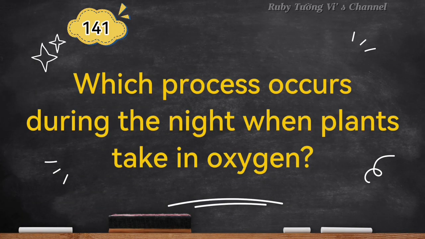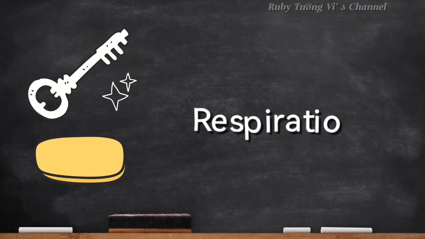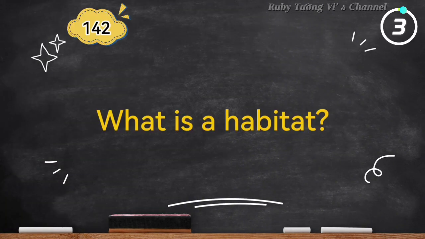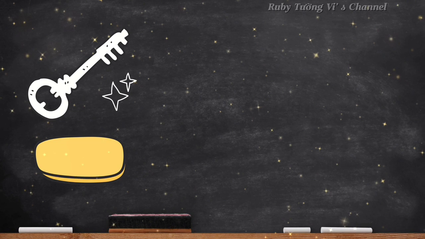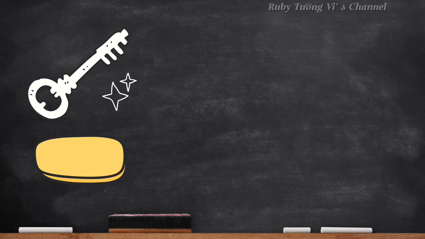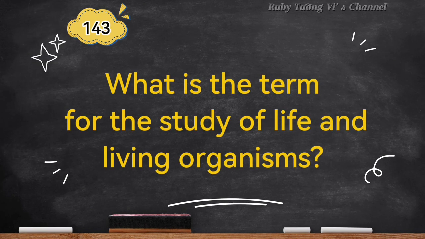Which process occurs during the night when plants take in oxygen? Respiration. What is a habitat? The natural home or environment of an organism. What is the term for the study of life and living organisms?